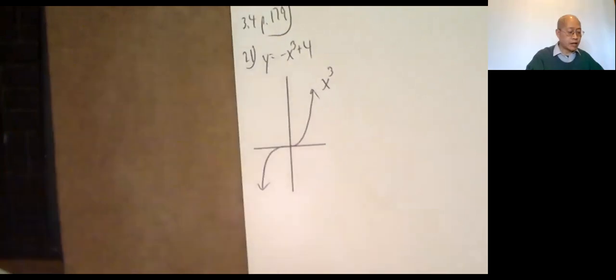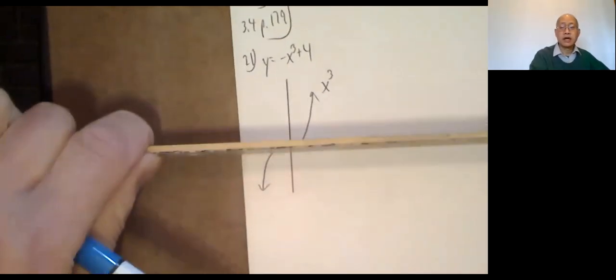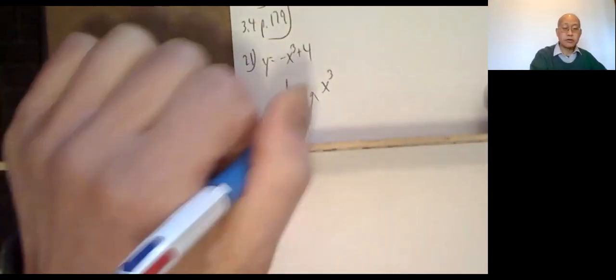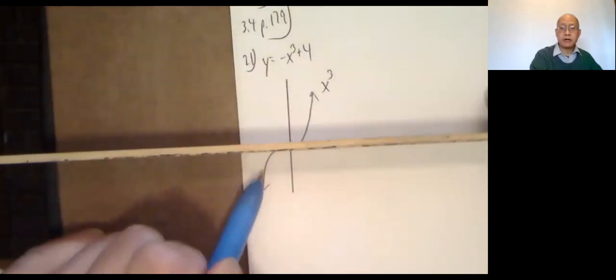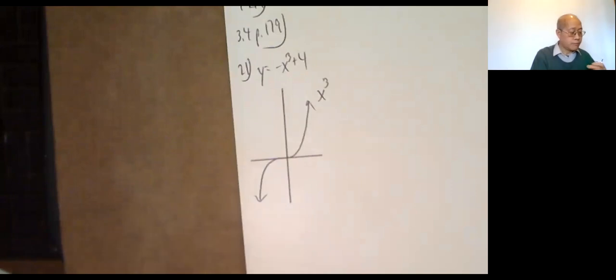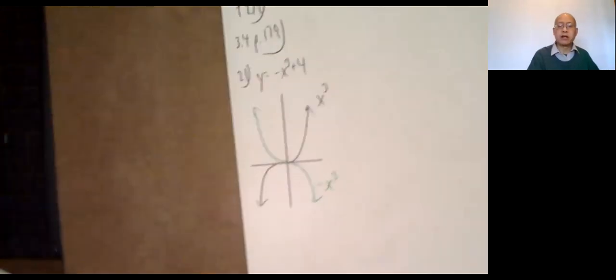Negative x cubed reflects across the x-axis. So this part will come down here, and this part will go up. I'll change colors for emphasis. So this thing reflects down like this, and this thing reflects like so. This is negative x cubed in green.